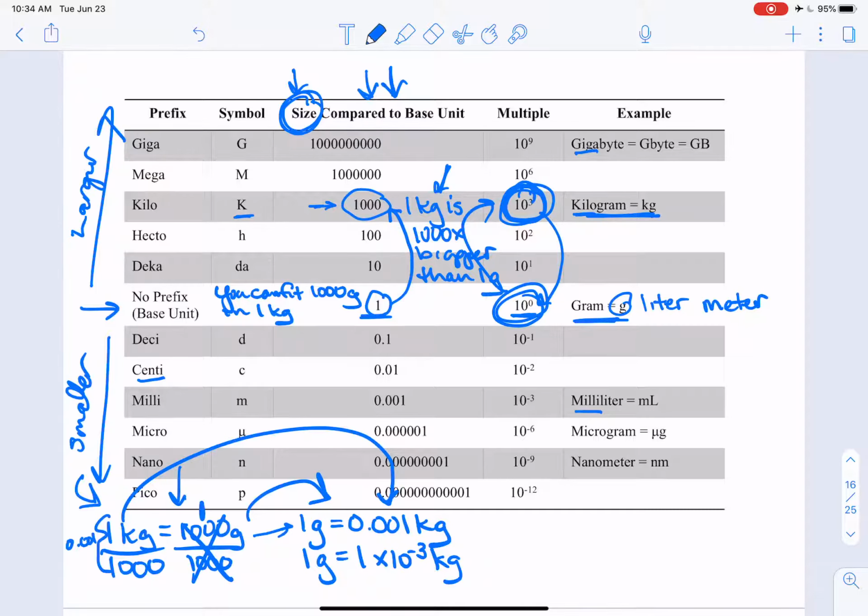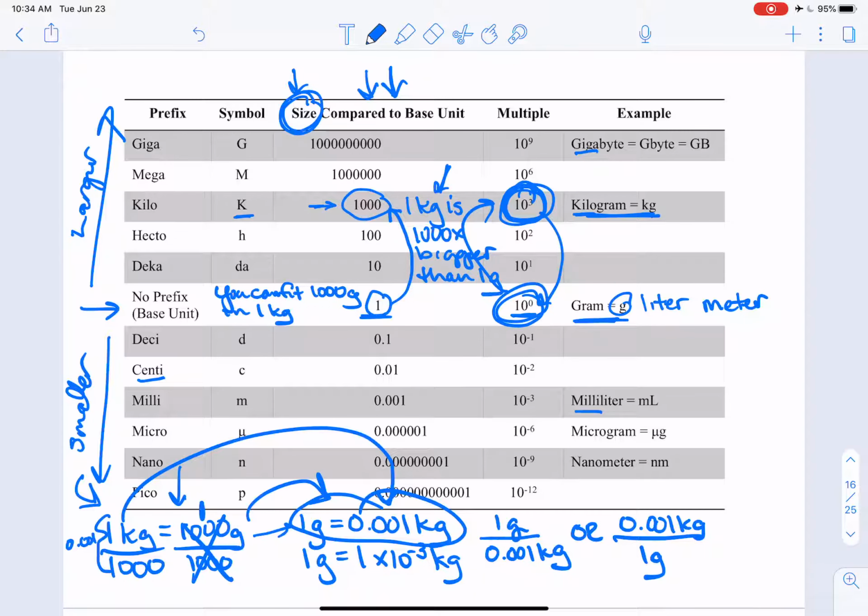We could also say that we've got 1 gram per every 0.001 kilogram. That's writing this right here in a different style. Or we could flip that upside down. For every 0.001 kilograms, we've got 1 gram.